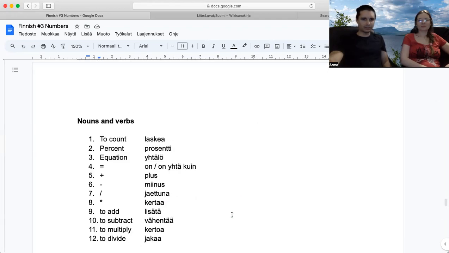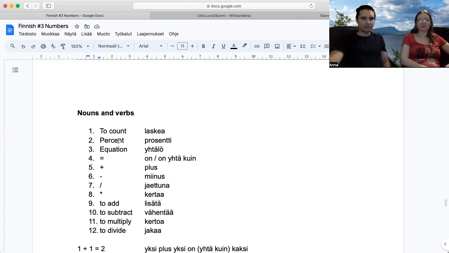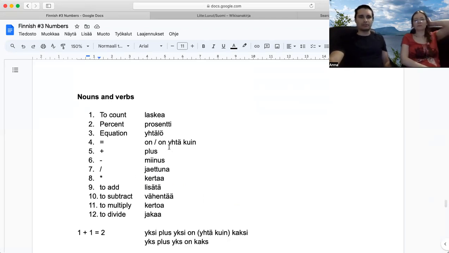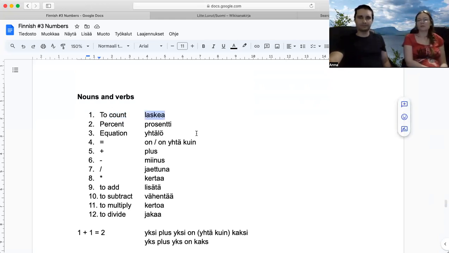First one is to count: laskea. Laskea is to count something, but in other contexts it has other meanings, like laskea mäkeä, to go down a hill. In mathematics, laskea is to calculate.